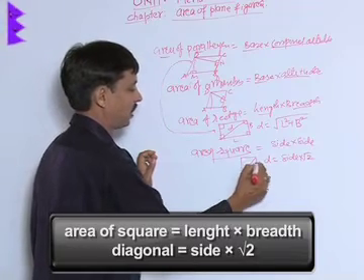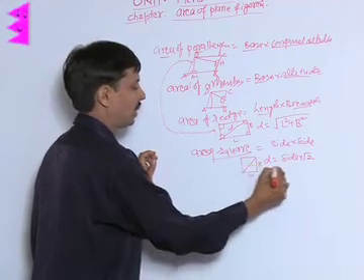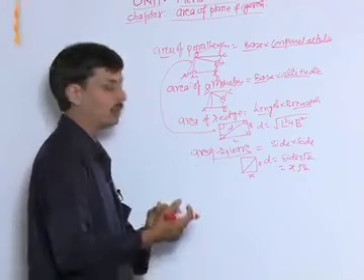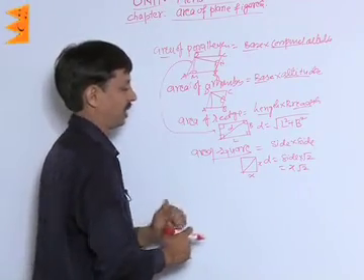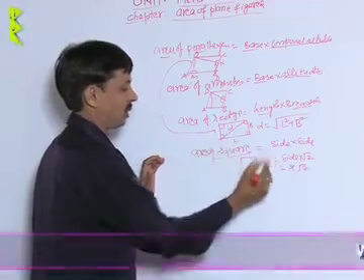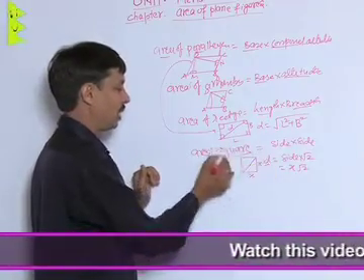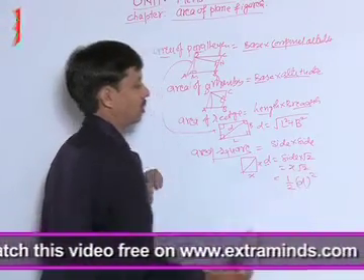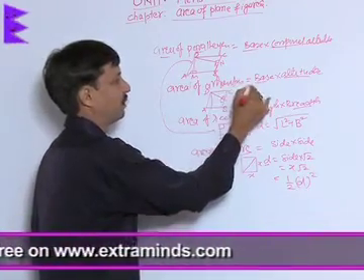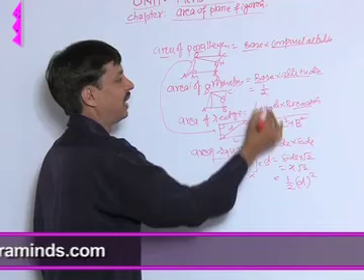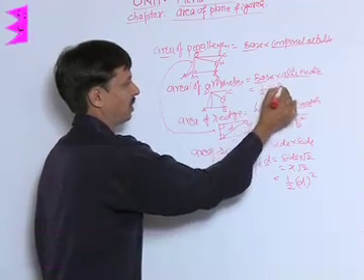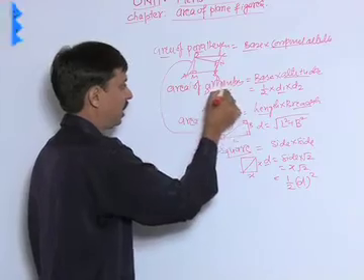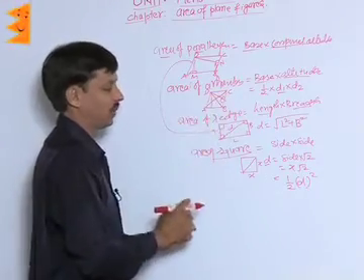If the side is x, then the length of the diagonal will be x root 2 units, maybe centimeter, millimeter, kilometer, decimeter, whatever it is. With the help of the diagonal, the area of a square can also be calculated: half diagonal whole square. And in case of a rhombus, there is one more formula for its area. If the lengths of the diagonals are given, it is half d1 into d2, where d1 represents the first diagonal and d2 the second diagonal.